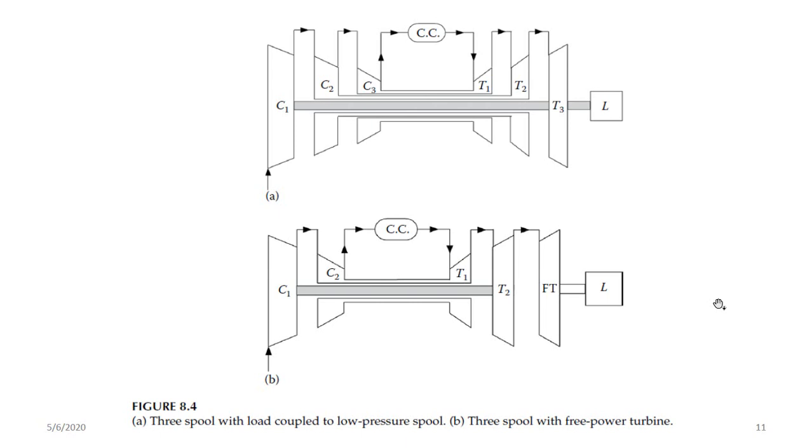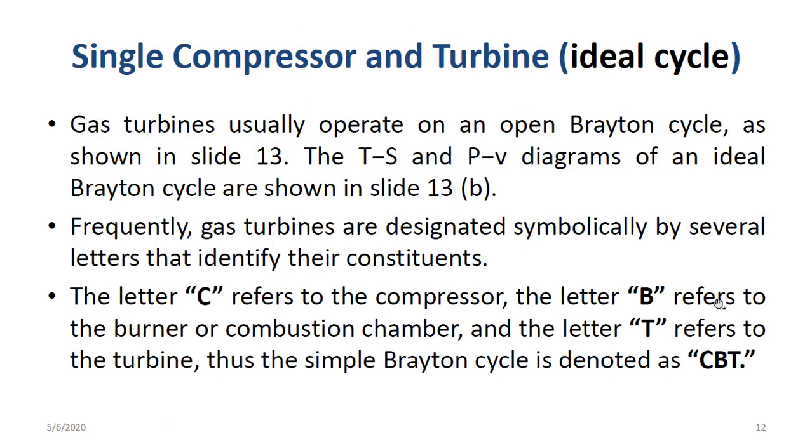Then in figure B, you've got the free power turbine that drives the load, and turbine 2 drives compressor 1, and turbine 1 drives compressor 2. All right.